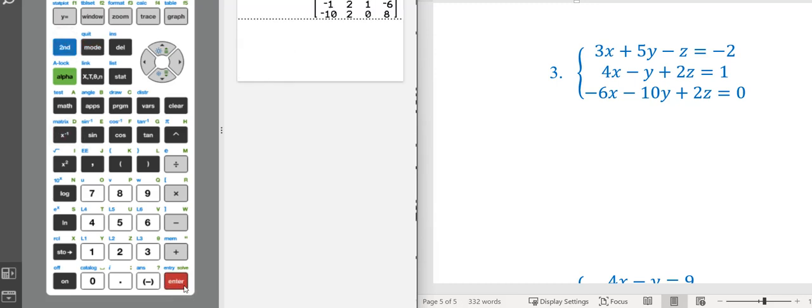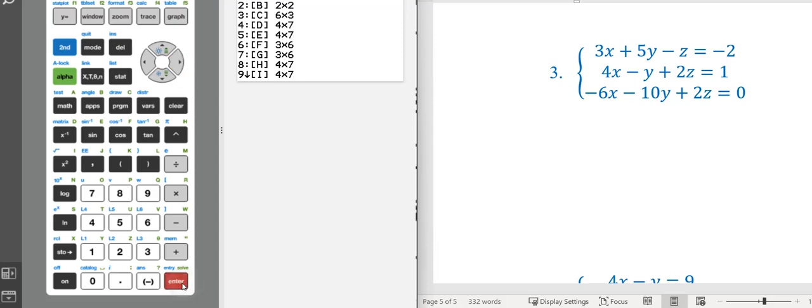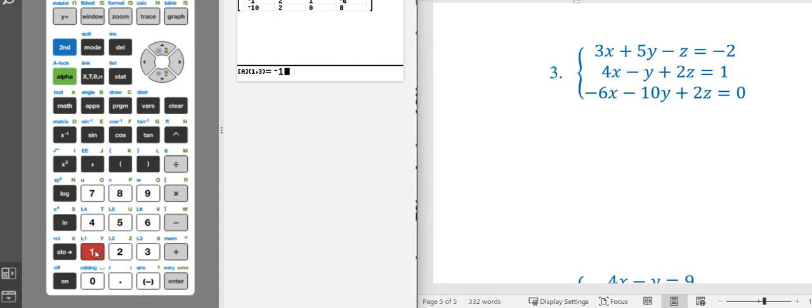Uh-oh. I'm off. Big time. Well, second matrix. Edit. 3. Enter. 5, -1, -2. 4, -1, 2, 1, -6, -10, 2, 0.